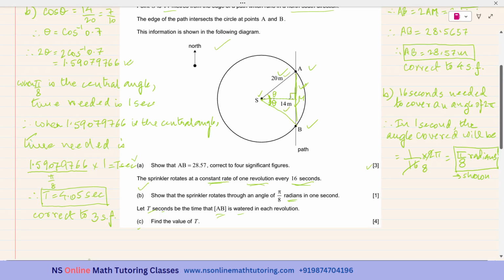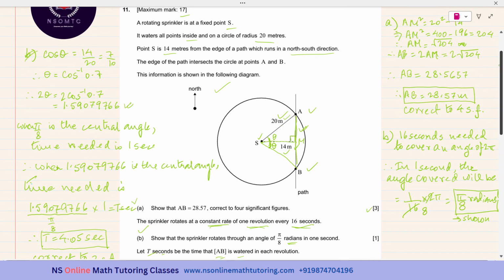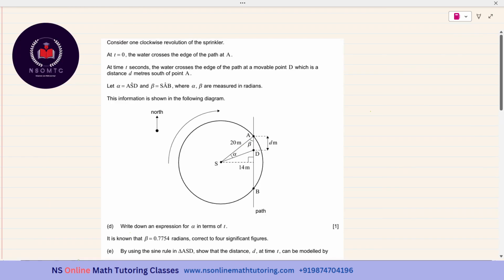Sorry, this is subpart C, so I have marked it incorrectly. So this will be subpart C. Consider one clockwise revolution of the sprinkler.